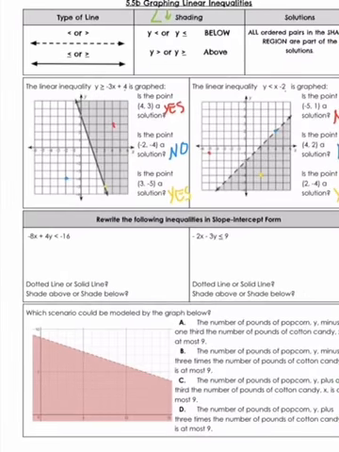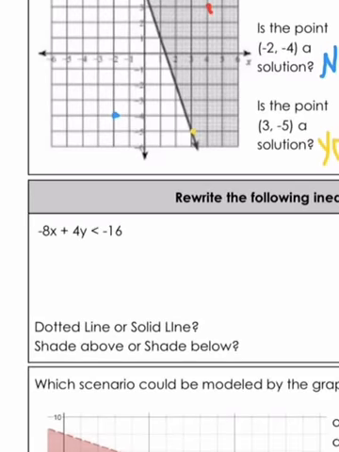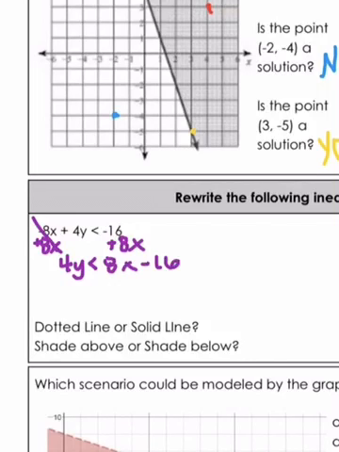All right, and then this is just remembering how to rewrite these in slope-intercept form. So we have to get the y by itself. What we would do is add 8x to both sides, and we would have 4y is less than 8x minus 16, divided by 4 for all three parts.